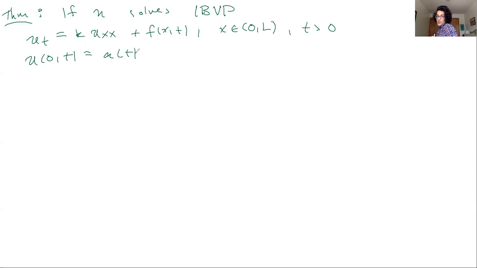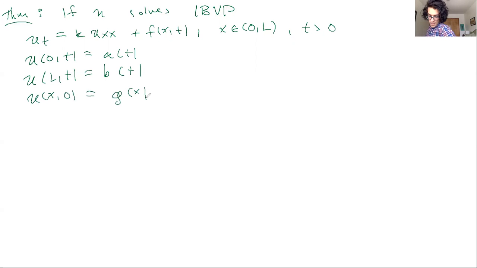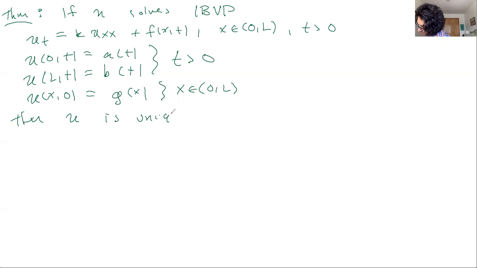If u of 0,t satisfies some function of time, u of L,t is some function of time, and u of x,0 is some function of space, that's our initial boundary value problem. If this is true, then U is unique.